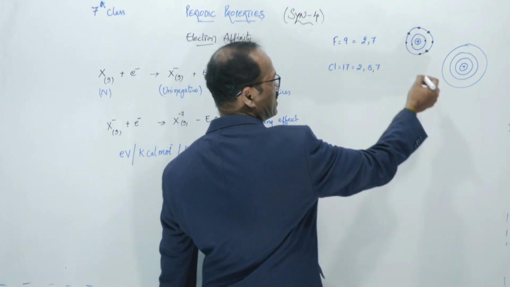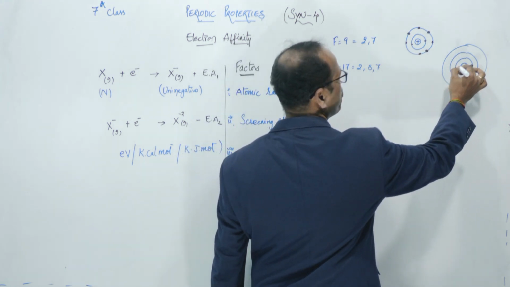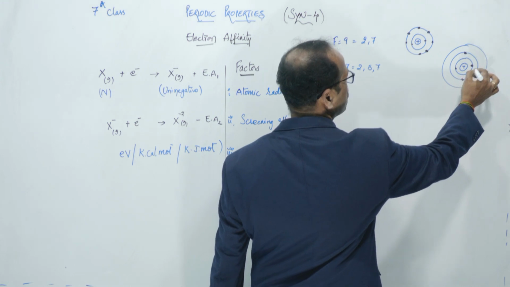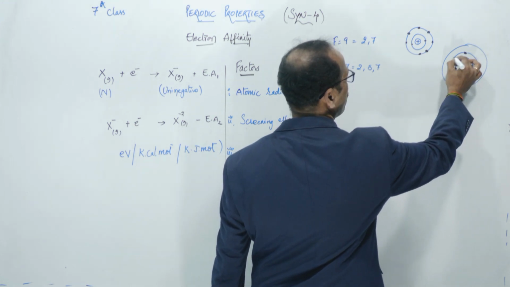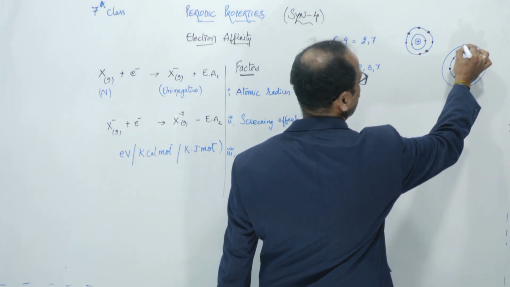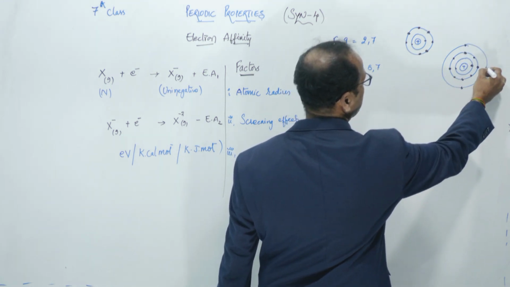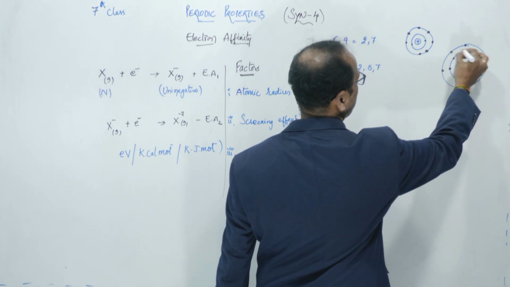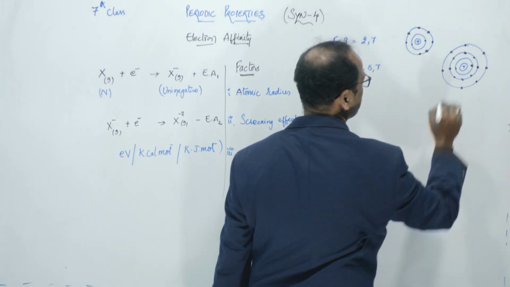And here you see 2, 8, 7. So 2, next 8, 1 to 8, next 7, 1 to 7.